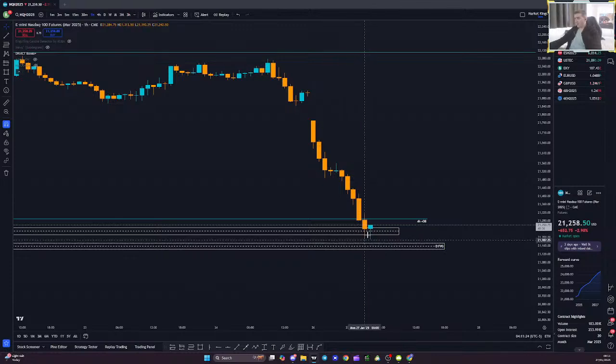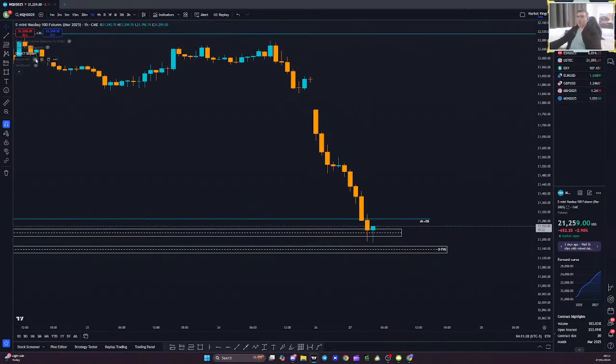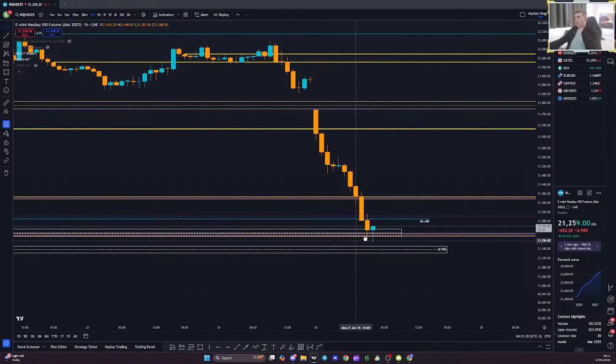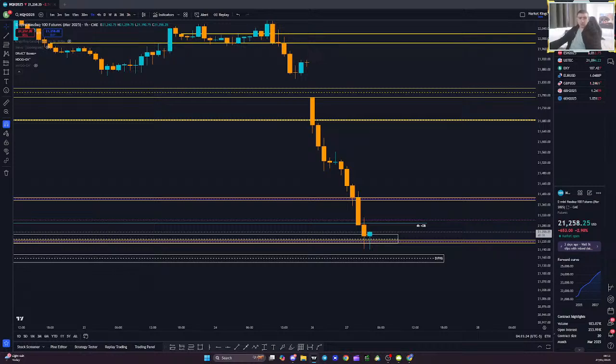We took out 3 AM low. And we seem to be respecting this end oak. So 3 north, 3 north.